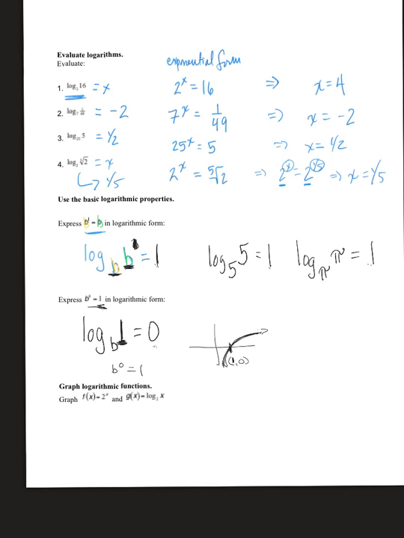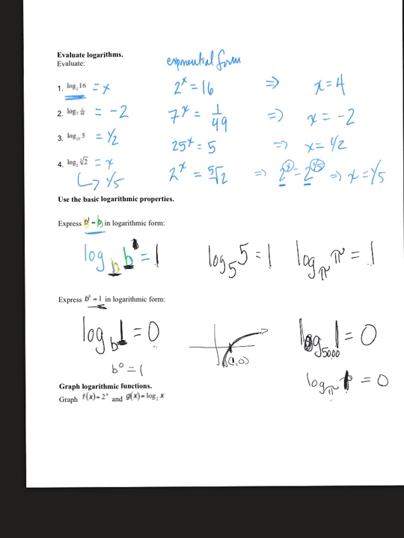So if the input to your logarithmic function is 1, it doesn't matter what the base is, the base could be 5,000. If the input is 1, the output is 0. Why? Because 5,000 to the 0 power is 1. Pi to the 0 power is 1. Any base, technically other than 0, raised to the 0 power is always 1.